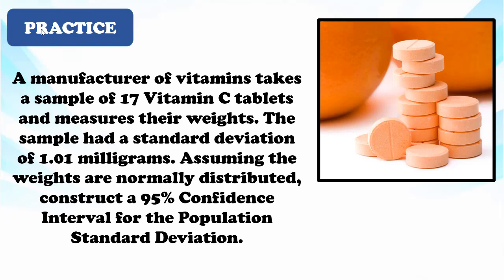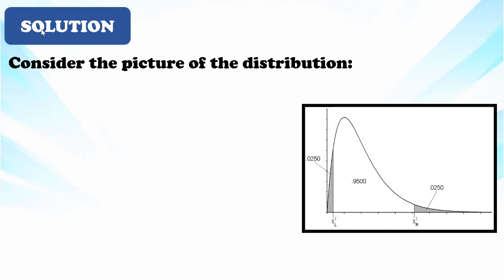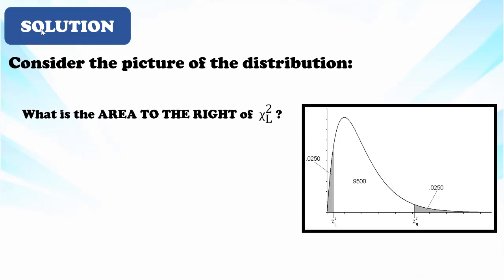Okay, so we're going to do this just like we did that example. We want to look at a picture because we want the 95% confidence interval. We've got the 0.9500 right in the middle with two tails. Each one is 0.0250. We start with the chi-square L value. What is the area to the right of chi-square L?